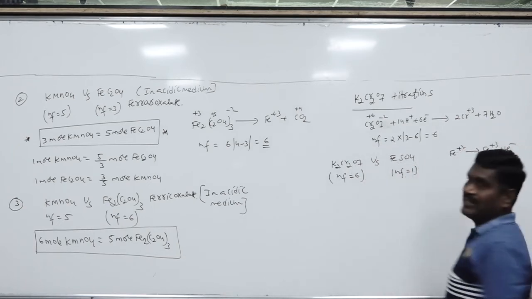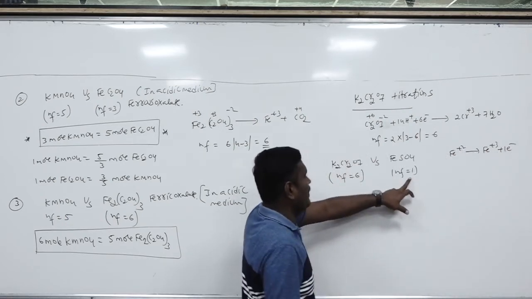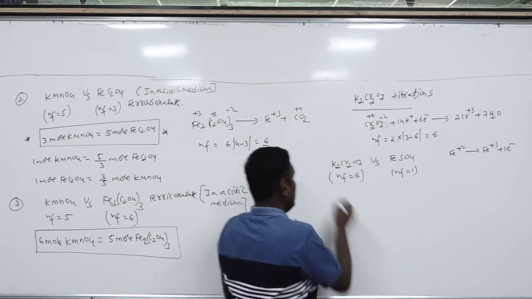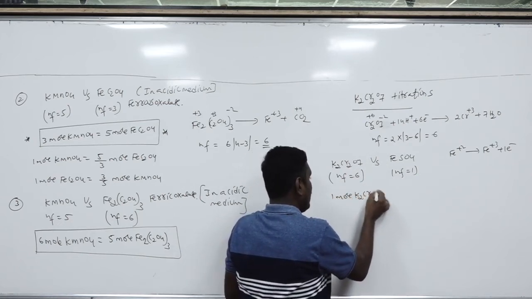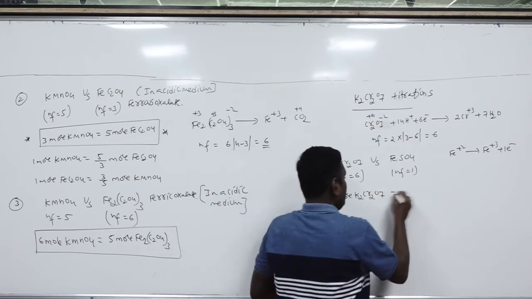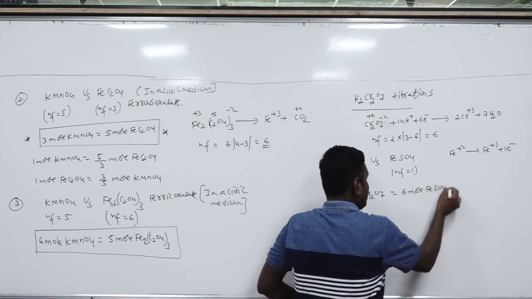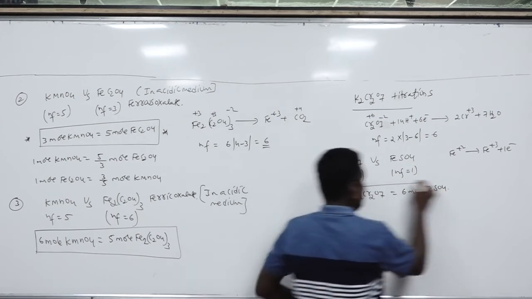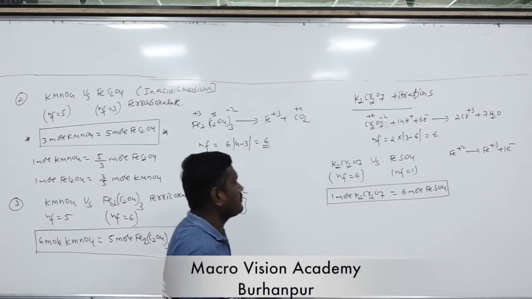Ferric ion by loss of 1 electron. So N factor will be 1. So interchanging the N factors, you will get 1 mole of potassium dichromate, 6 moles of ferrous sulfate. Are you getting my point?